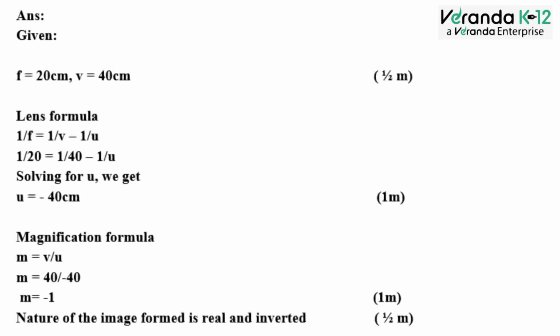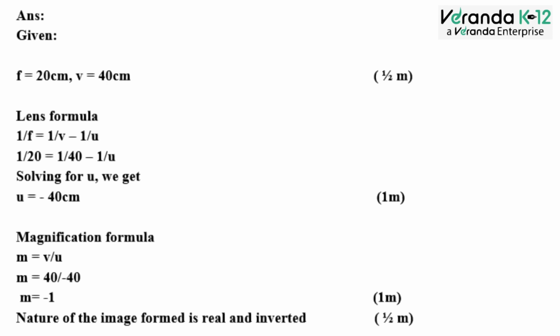Lens formula is 1 by f is equal to 1 by v minus 1 by u. Substituting the values, 1 by 20 is equal to 1 by 40 minus 1 by u. When we solve for u, we get the value for u as minus 40 centimeter. Now let us find the magnification. Magnification m is equal to v by u.